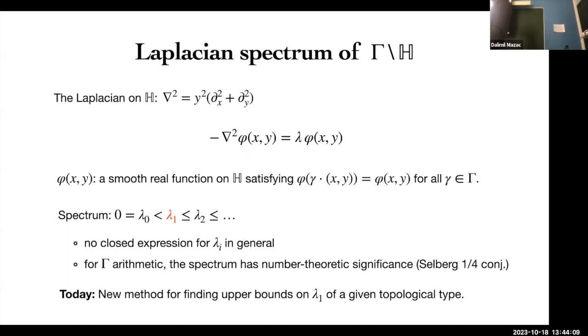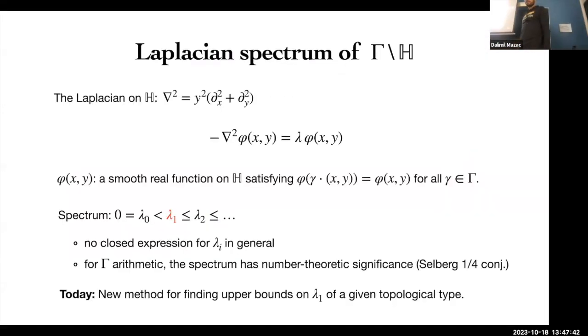But we don't want to solve it on the upper half plane, but rather on the quotient, which means we should solve the Laplace equation on the upper half plane subject to the eigenfunctions being invariant under every element of the group gamma. Now this is an eigenvalue problem whose spectrum is discrete for compact surfaces.